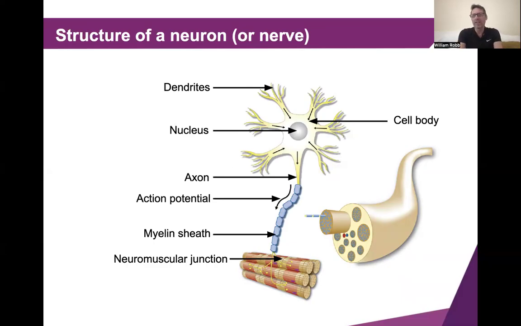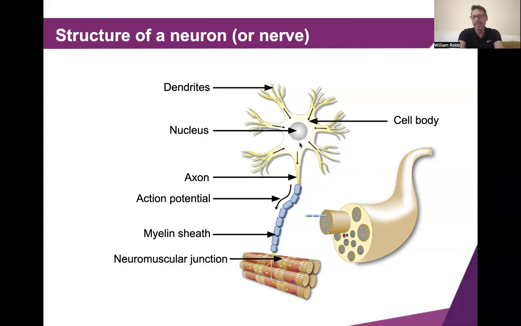So you're going to do an exercise, for example, a seated row. Your brain then sends signals down your spinal cord. That information is collected by the dendrites. The dendrites will then send that information into the nucleus of the nerve.